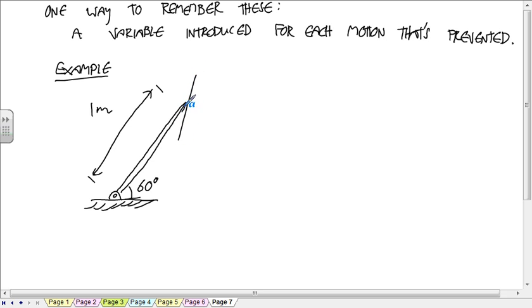It makes frictionless contact up here with a wall, where this angle is 80 degrees. So there's no friction there. What are the reaction loads on the bar?